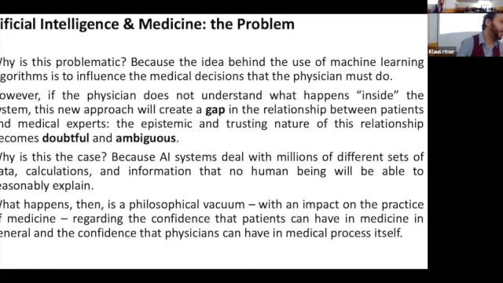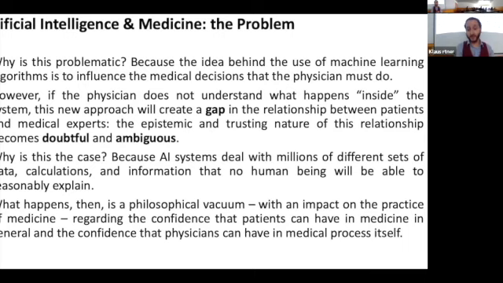Because of that, patients cannot fully trust the doctors on one side, but also the medical practice on the other. And of course, there is also a trust issue regarding the trust that doctors can have in the medical practice itself, right?